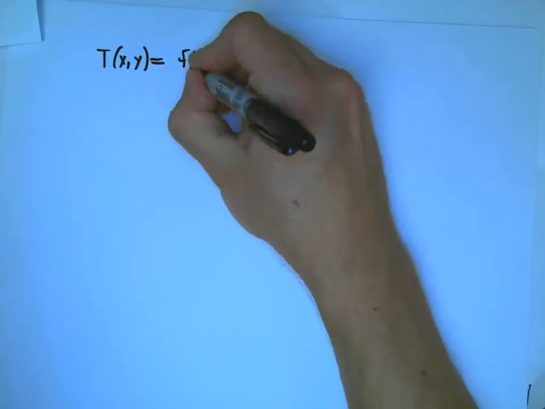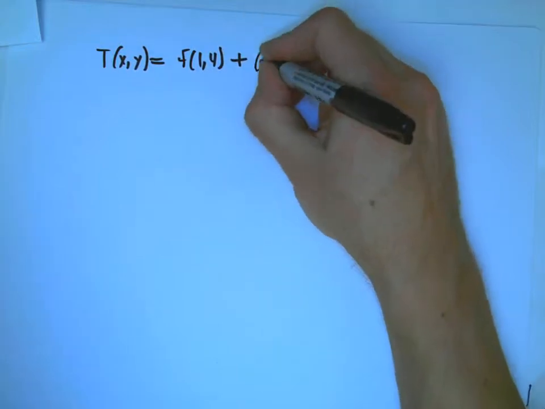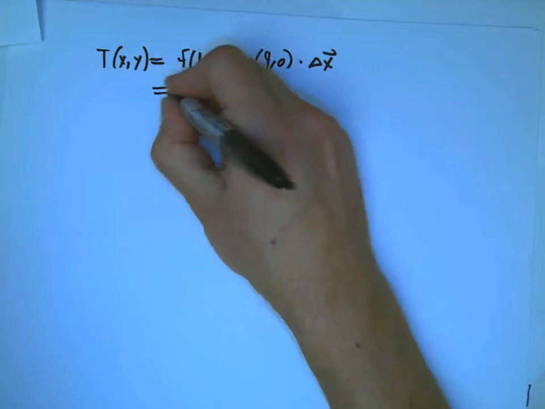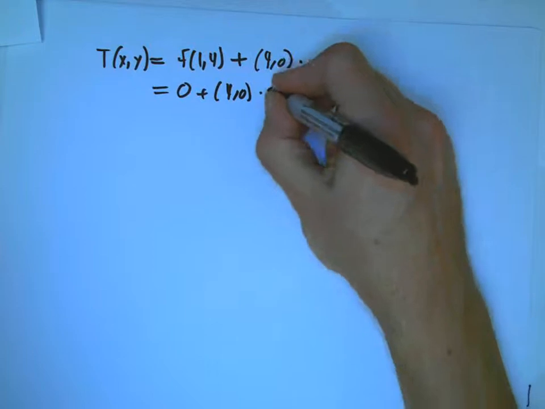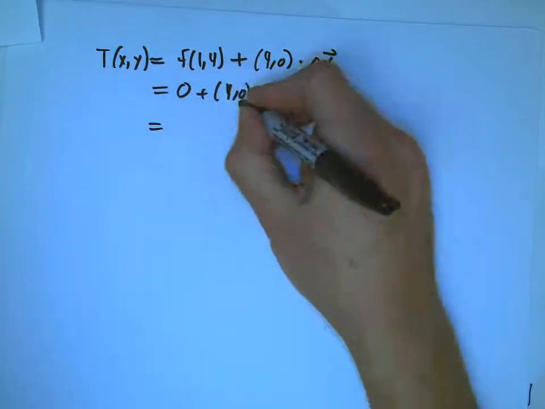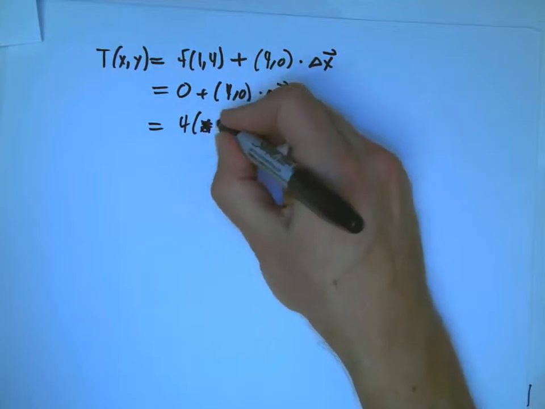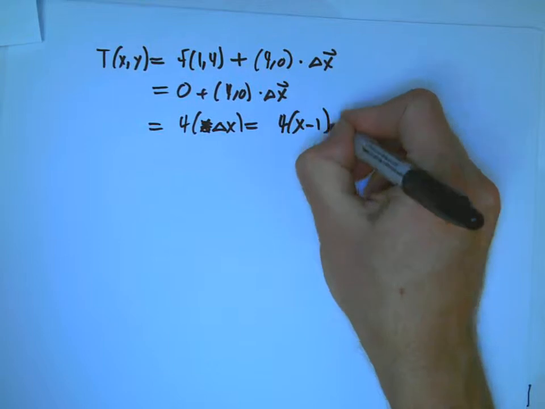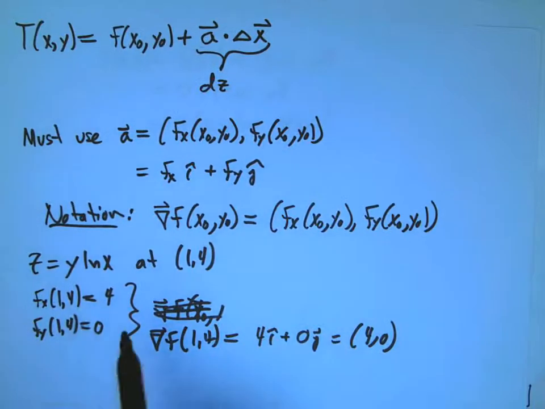And the tangent approximation in this cool vector language is just f of 1, 4 plus the vector 4, 0 dotted with the delta x vector. And because the second component is 0, that simplifies. It again is just 4 times the delta x part, or 4 times x minus 1. It's the same formula, but just with a new interpretation.